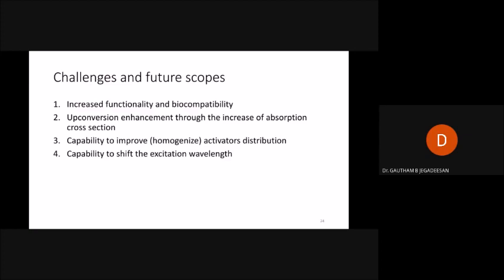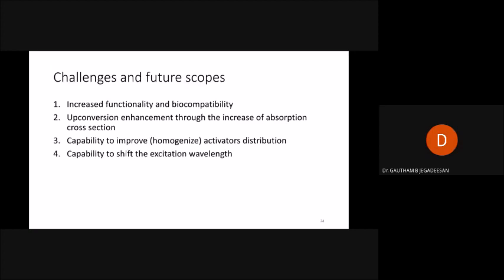When the energy crosses, the energy taken by the excited state electrons will be very, very minimized. So if we can increase that, the efficiency will be increased. Third one is the capability to improve the activators distribution. The homogenization is very, very important.